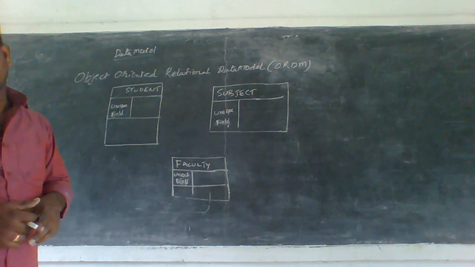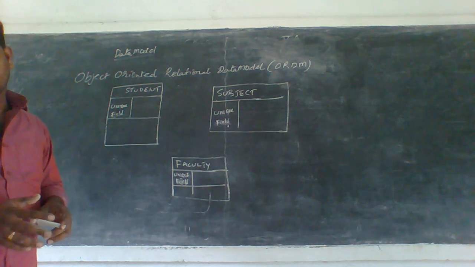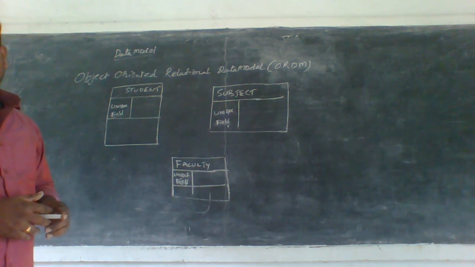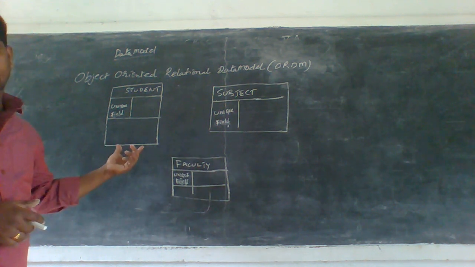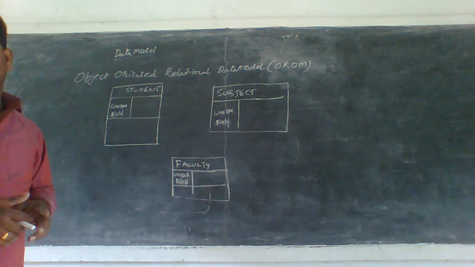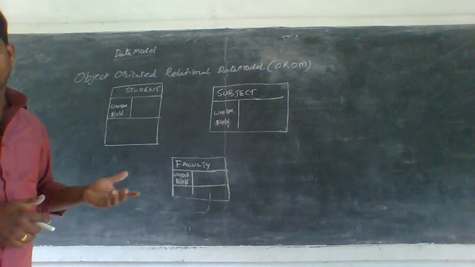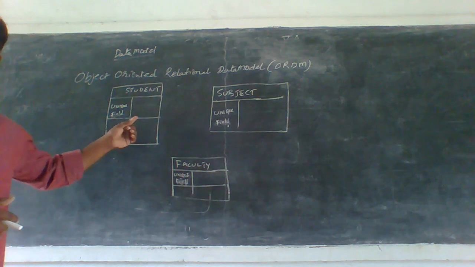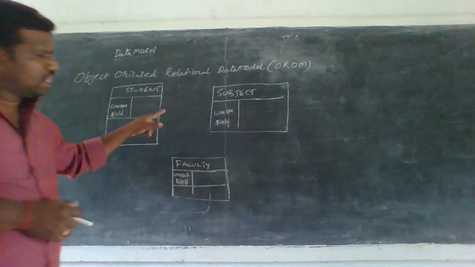Here I would like to connect the subjects. There are associations: one to one association, one to many association, many to one association. I would like to draw that here.